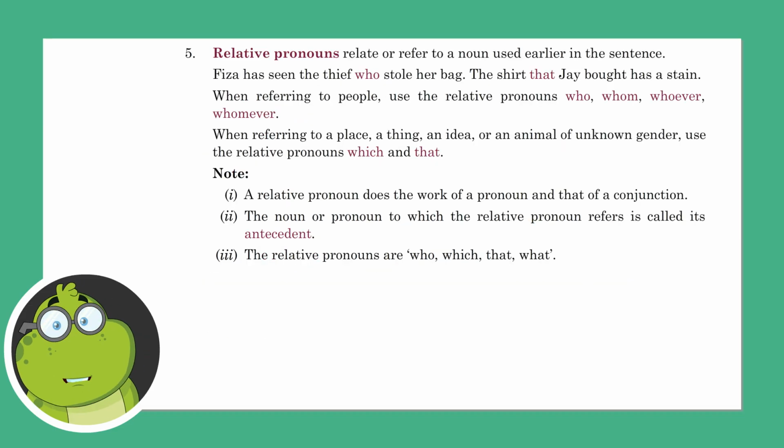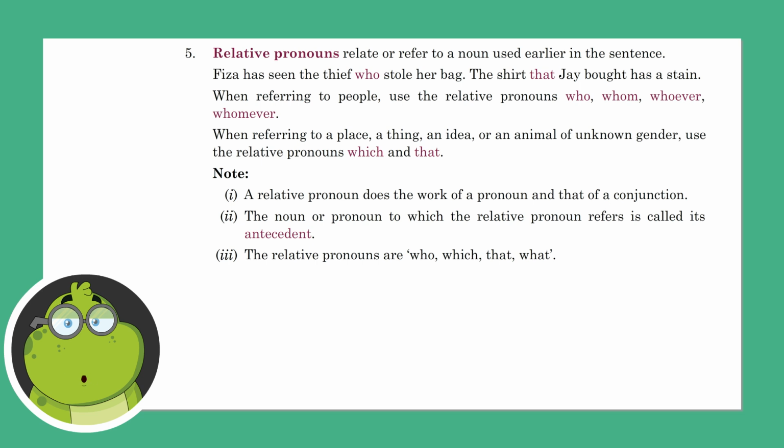Relative pronouns relate or refer to a noun used earlier in the sentence. Fiza has seen the thief who stole her bag. The shirt that Jay bought has a stain. When referring to people, use the relative pronouns who, whom, whoever, whomever.